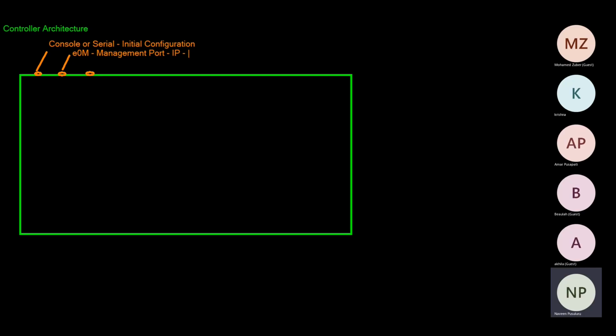Once we configure the IP address to E0M, we don't need to connect to the controller via the console. We can connect to the controller with the help of the IP address from any location, and you can do the rest of the configurations and manage it.